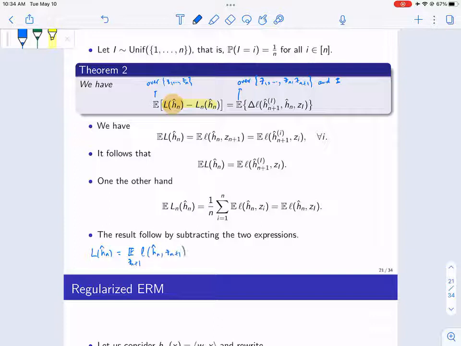This is just a new data point, right? H hat n is fixed now, like the training Z1 up to Zn are fixed. If I take the expectation, this is just evaluating at a new generic sample. And so this is the generalization loss for h hat n.